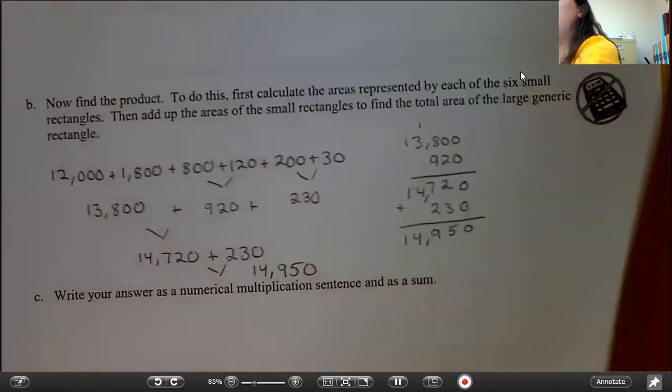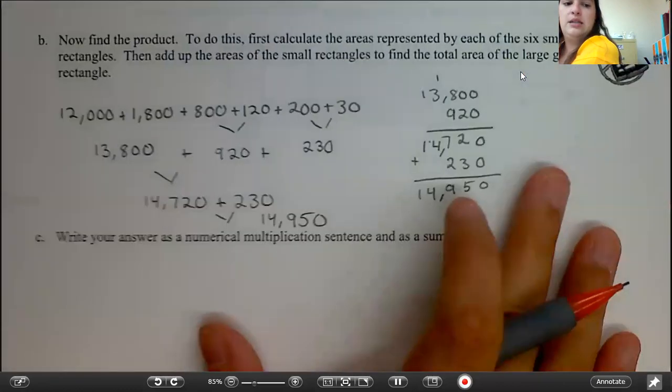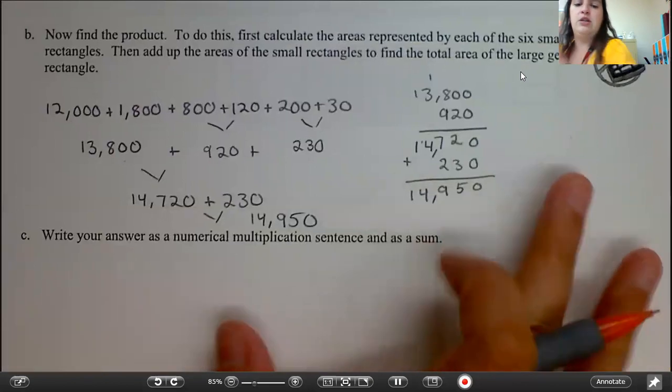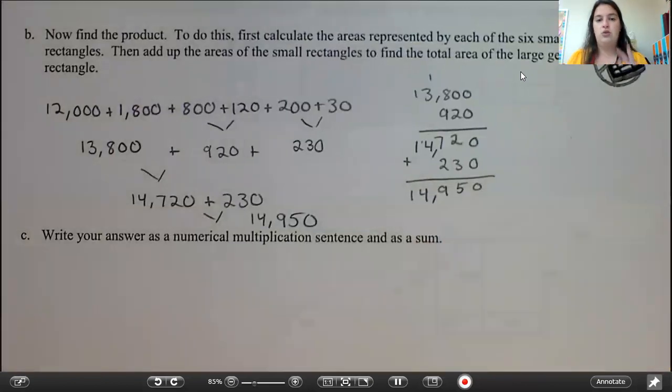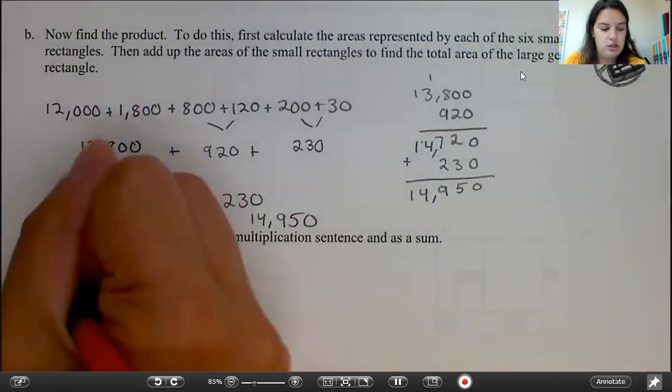Part C, we're going to go through together. It says write your answer as a numerical multiplication sentence and as a sum. So you need to write it as 2 things. First, we're going to do a numerical multiplication sentence.